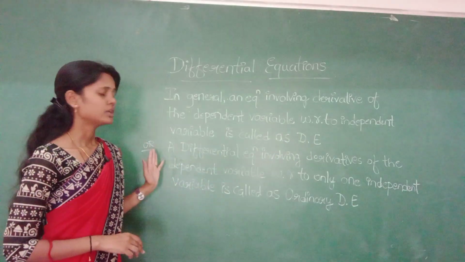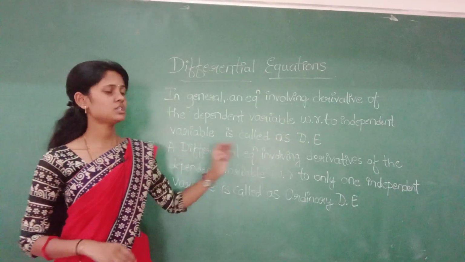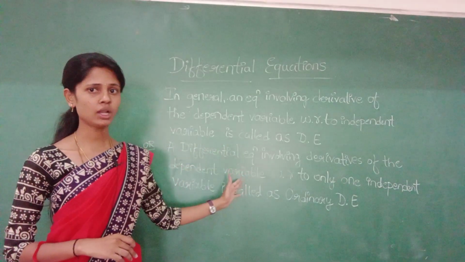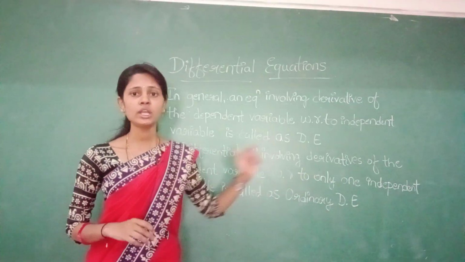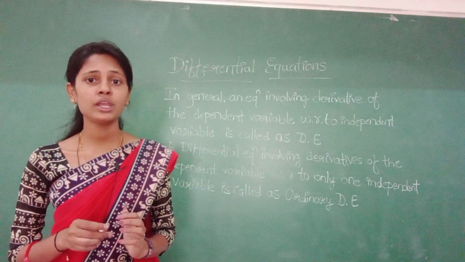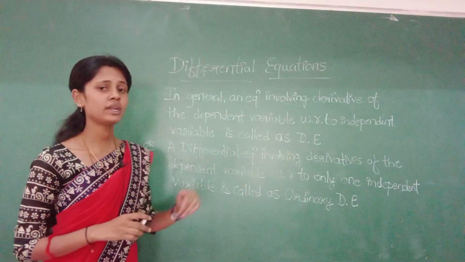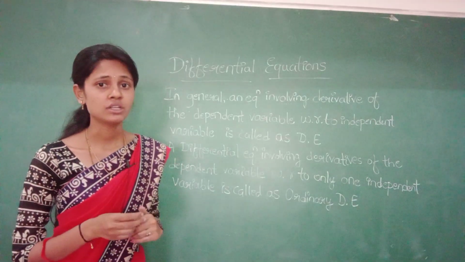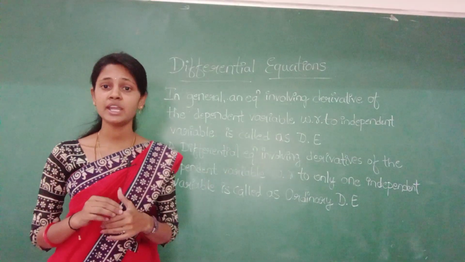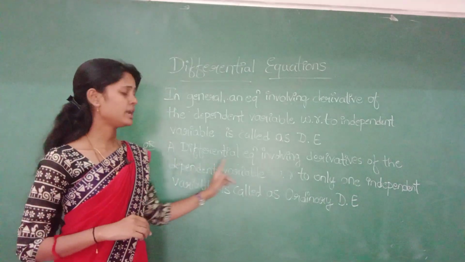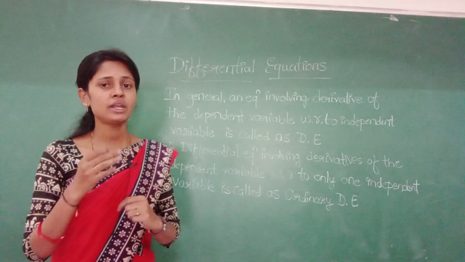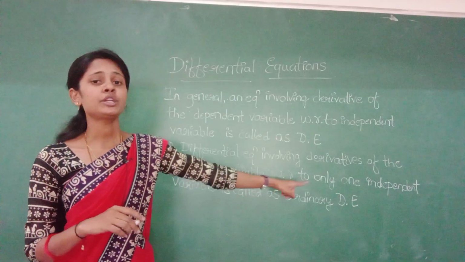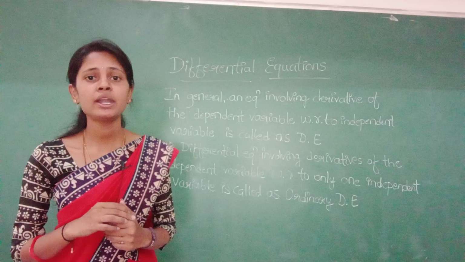And also, a differential equation involving derivative of the dependent variable with respect to only one independent variable. So one independent variable, carefully observe here. What is a differential equation? An equation involving derivatives of the dependent variable, that is dy by dx, with respect to only one independent variable.